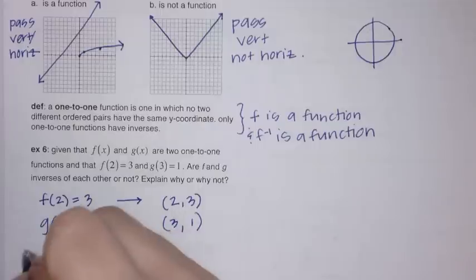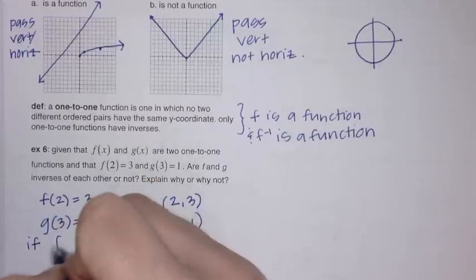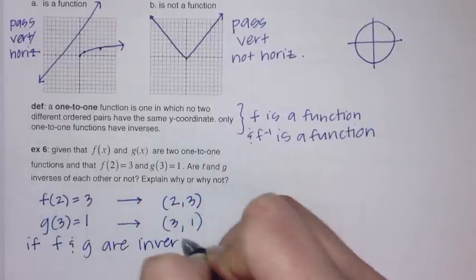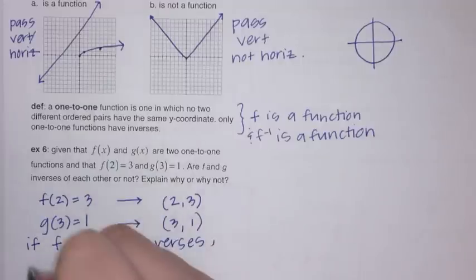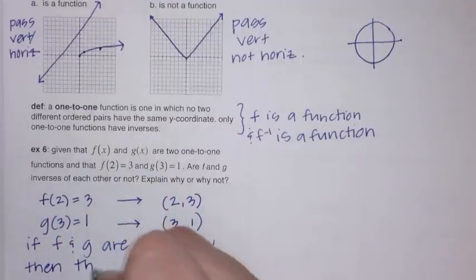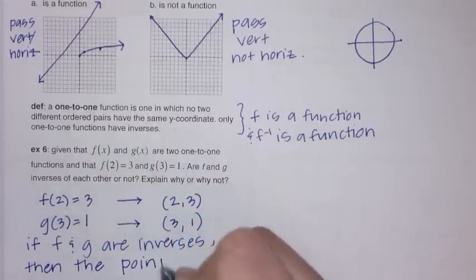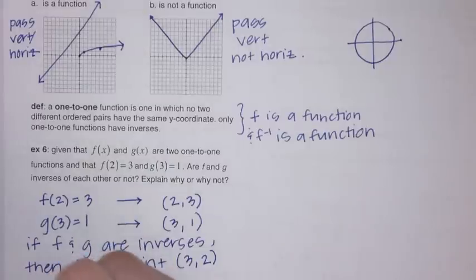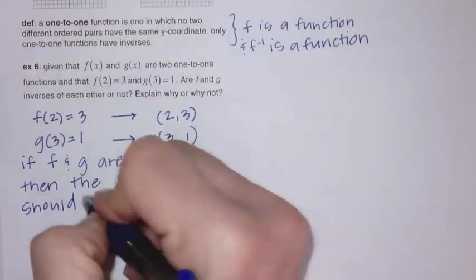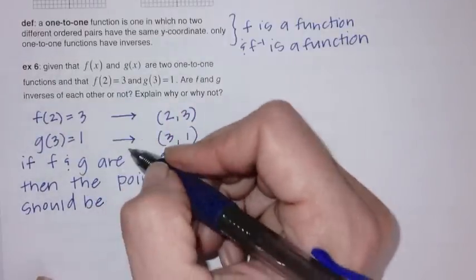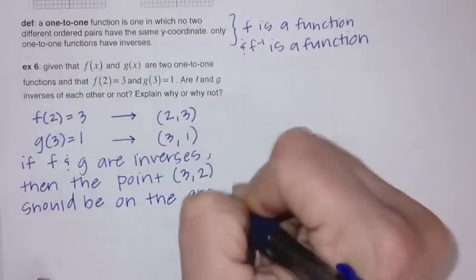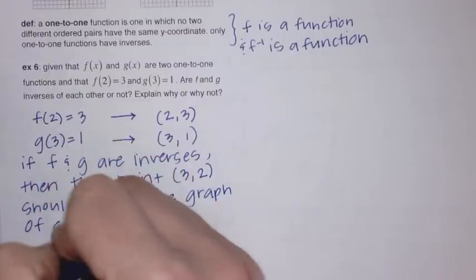So there's lots of different ways you can explain this, but I'm going to put this up here. If f and g are inverses, then the point (3, 2) should be on the graph of g, right?